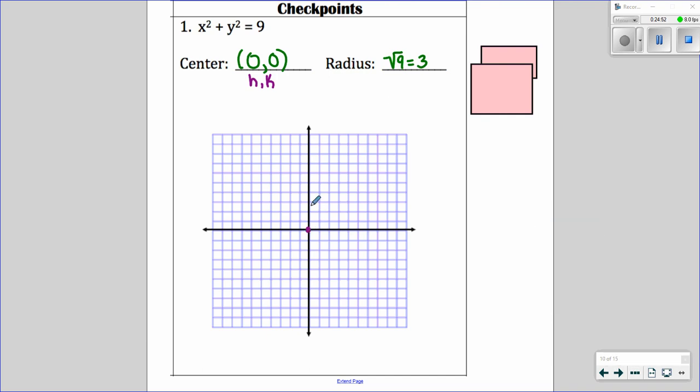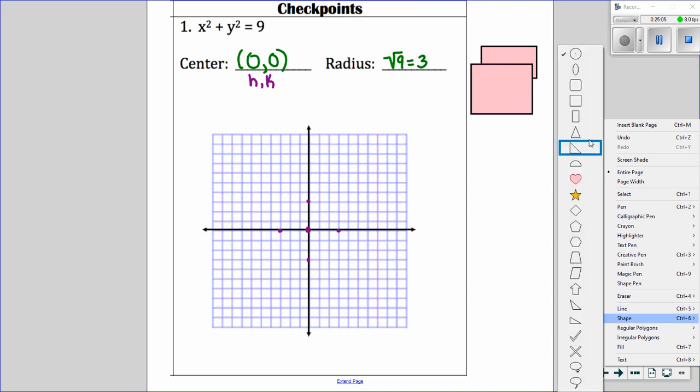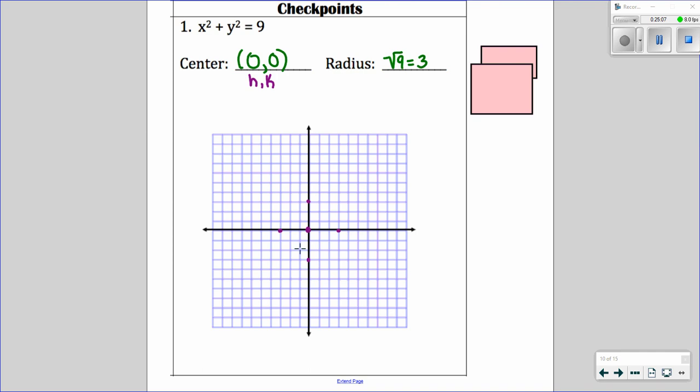And our radius is 3, so we go 3 here, 3 here, 3, and then 3. And then we draw a circle. You're not going to have the shape given, but if you draw the circle, make sure you have all the radius points, and then you could draw the circle.